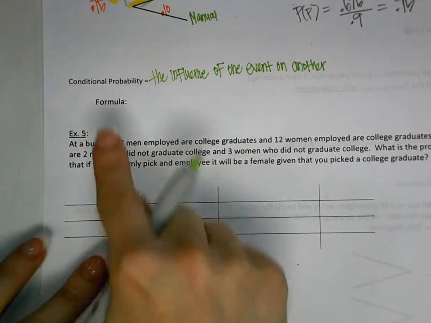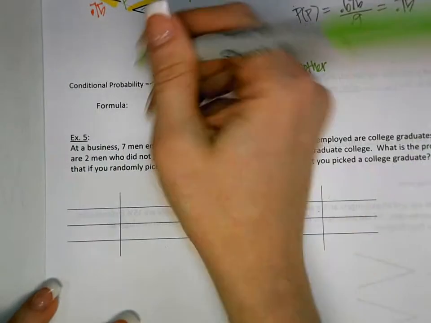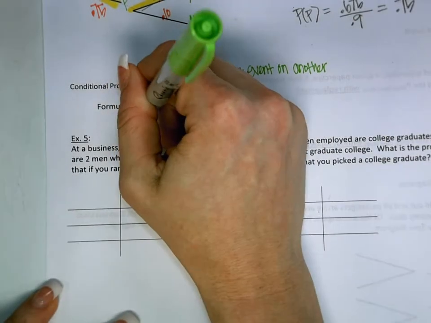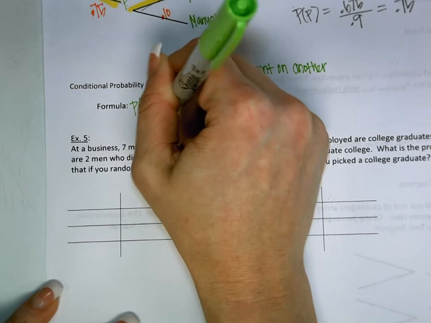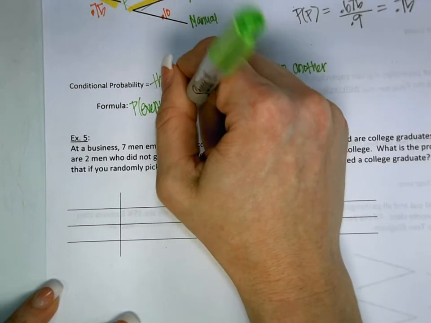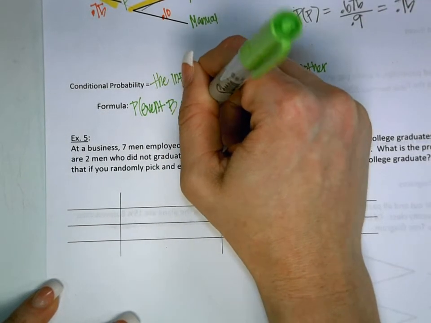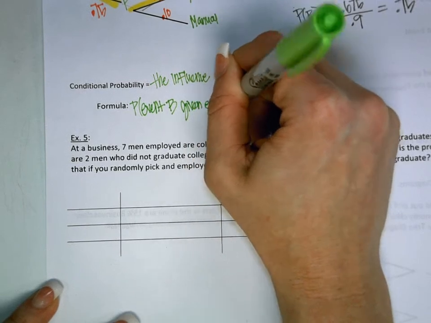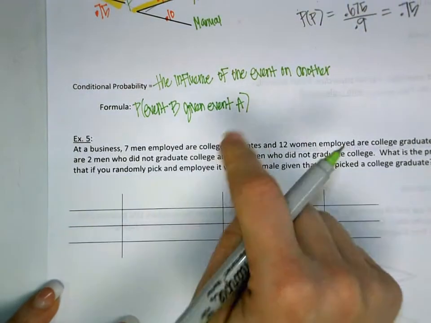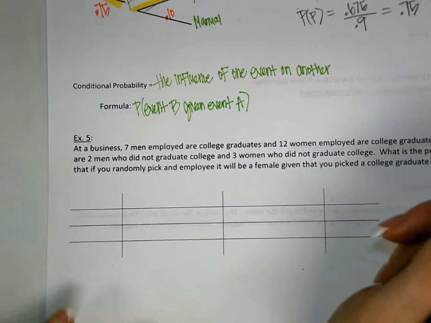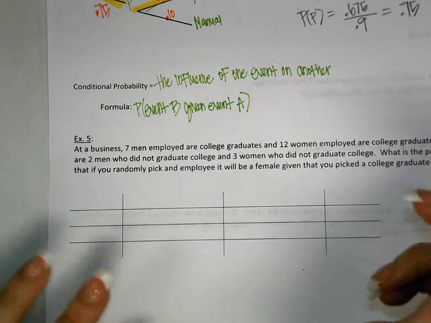So, the formula for conditional probability is the probability of event B given event A. Now, we're in math, and so we like to write things with some abbreviations, so I never actually write that out.